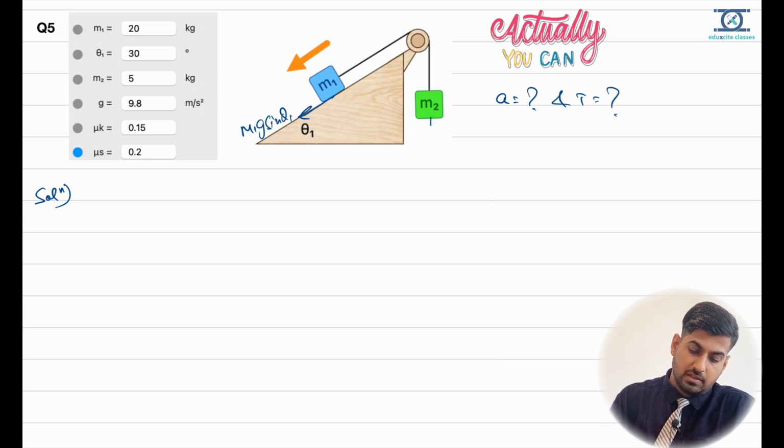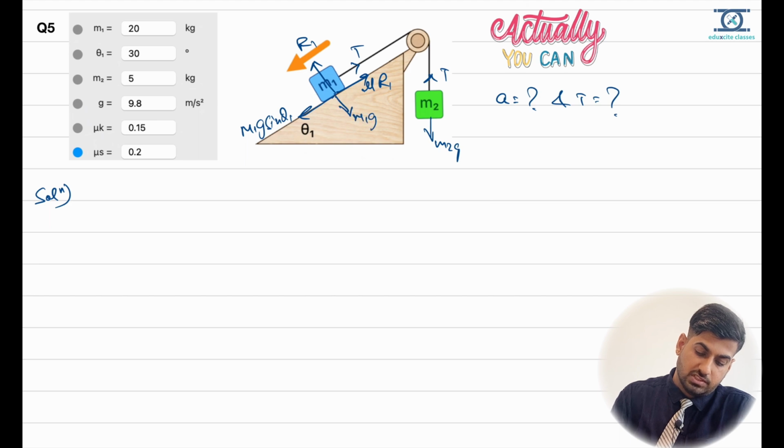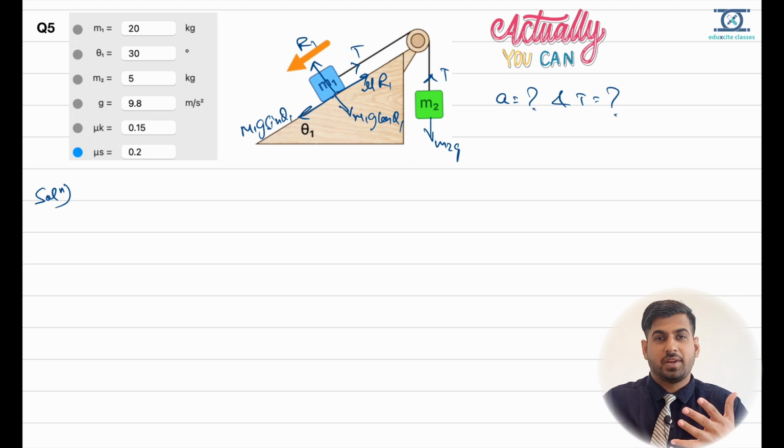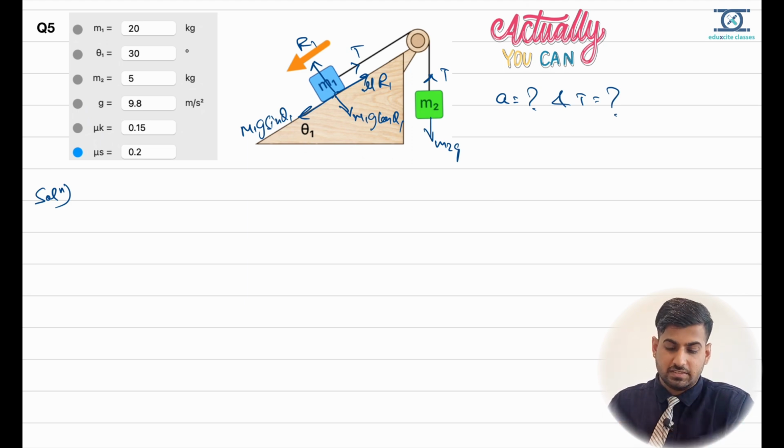Here it will be m2g, tension will be away from the object, and for m1 it will be like this. Now if it is moving here, the friction will be mu into r1, and r1 will be equal to m1g cos theta 1. Because I have enough practice, I can do it just like this.